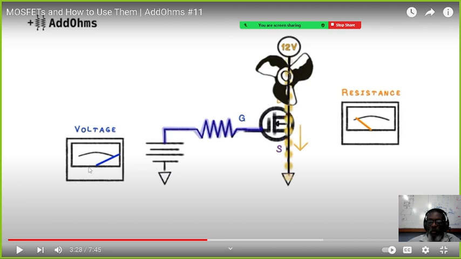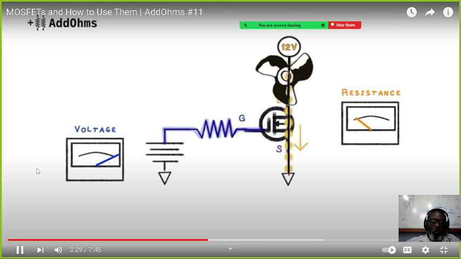But once you start to increase the voltage at the gate, you reach a point where it starts to break down the resistance, and then it reaches a specific point where it turns on and the current starts to go through. That's known as the threshold voltage. That's the voltage that causes current to start to go through.